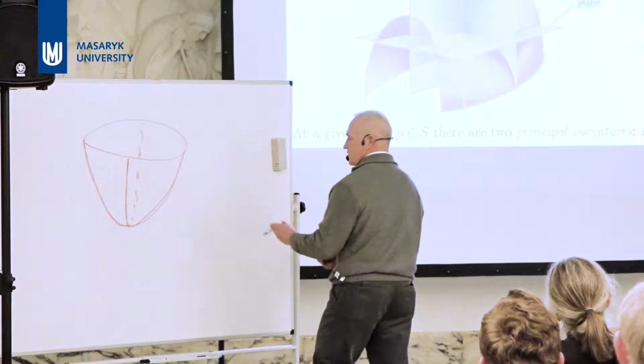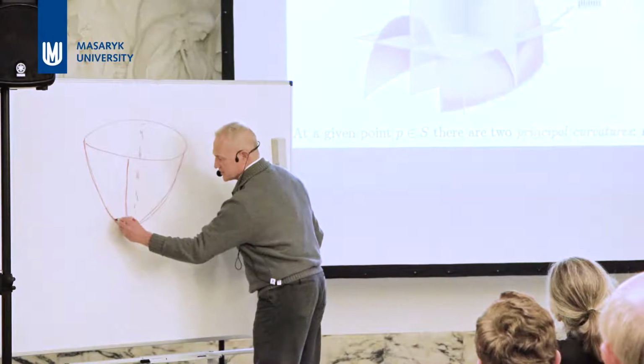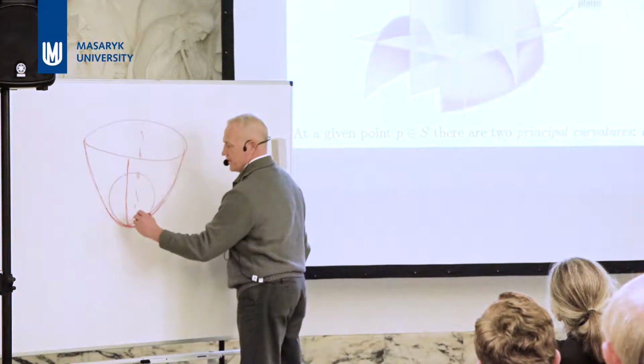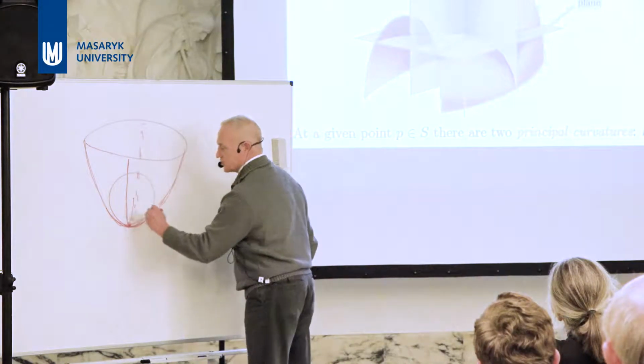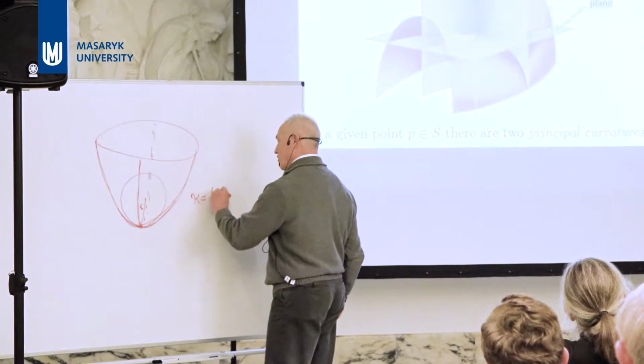What you should imagine is that at each point we're approximating this principal curve by a circle. And we look at the best approximating circle of radius r, and kappa is 1 over r.